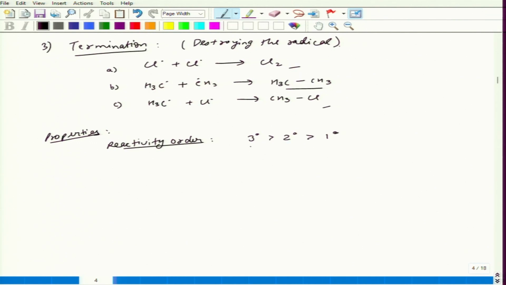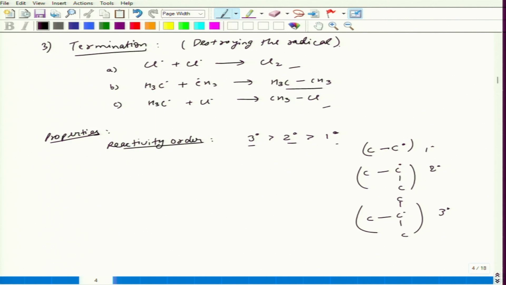I have told what 3 degree, 2 degree and 1 degree are. If a carbon radical is attached to one carbon, it is a 1 degree. If a carbon radical is attached to 2 carbons, it is a 2 degree, and if a carbon radical is attached to 3 carbons, it is a 3 degree radical.